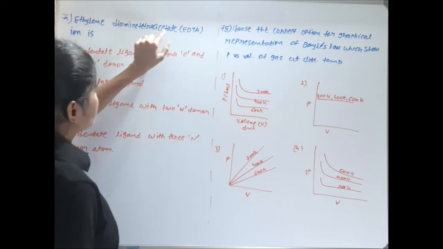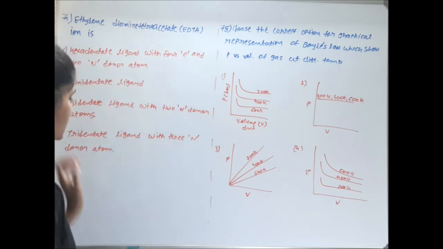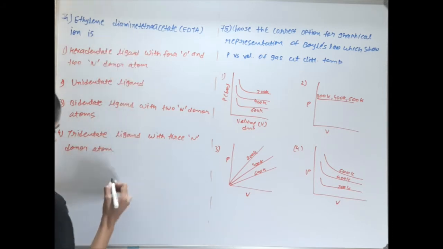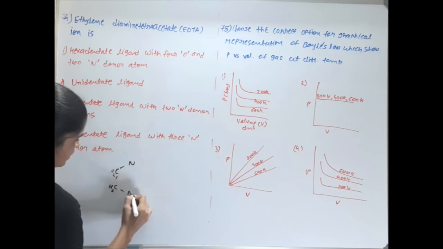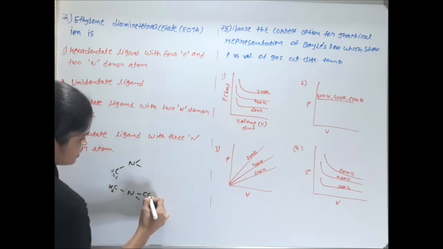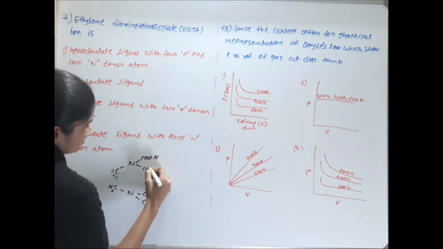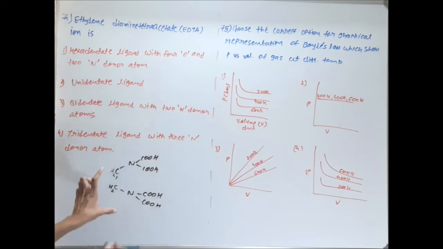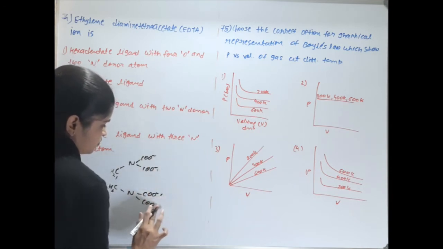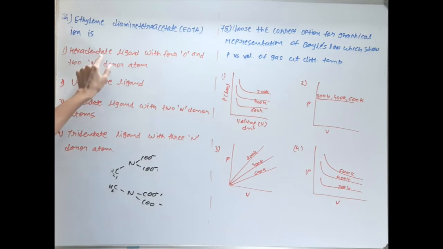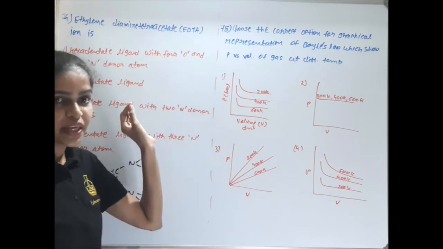Ethylene diamine tetraacetate, the EDTA ion, is. First of all, the formula of EDTA: this is ethylene diamine, CH2, tetraacetate, COOH. This is acetic acid, and to convert it into acetate, remove H. Then the first option is hexadentate ligand with 4 oxygen and 2 nitrogen donor atoms.